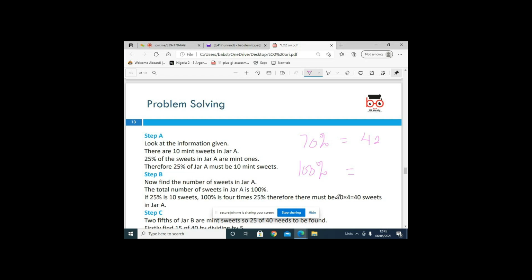So the first thing we will do, divide 70 by 7, yes, to find 10%, to find the percentage, right?